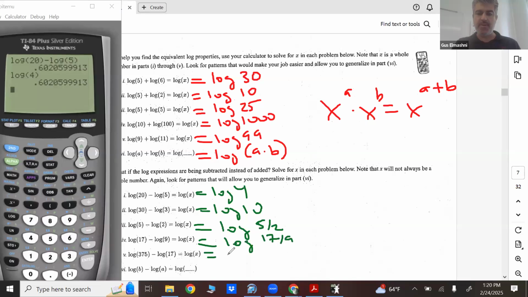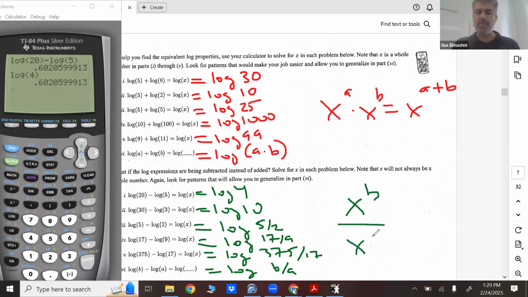Oh boy. I wouldn't assume it is. That's not going to be. So in essence, it's going to equal log of b over a. It's very similar to this scenario, right? Very, very similar to that property of exponents.